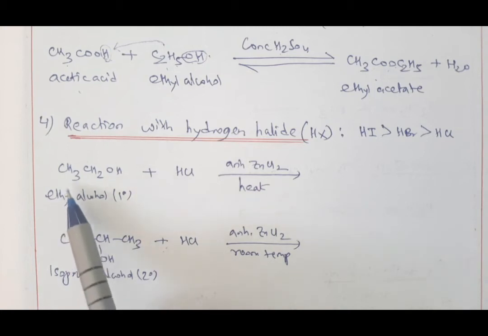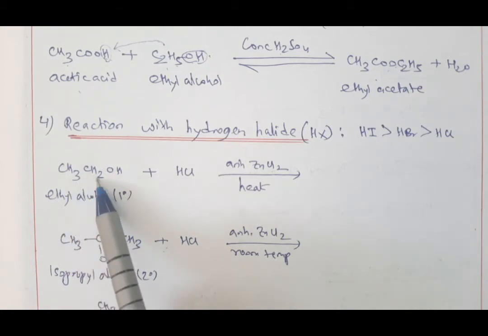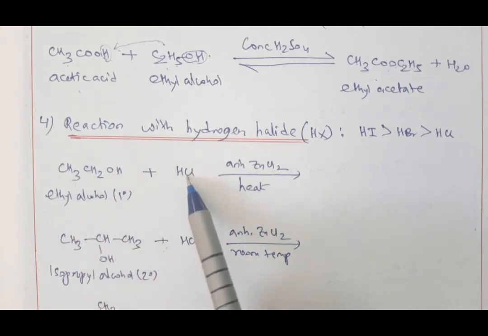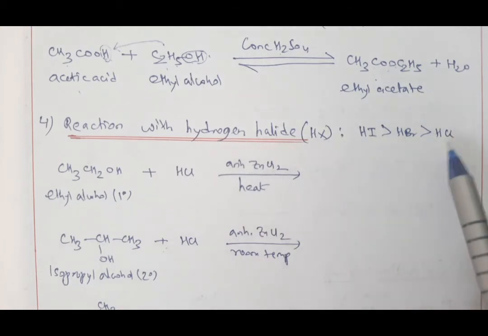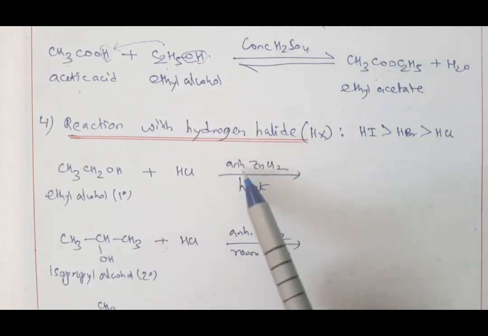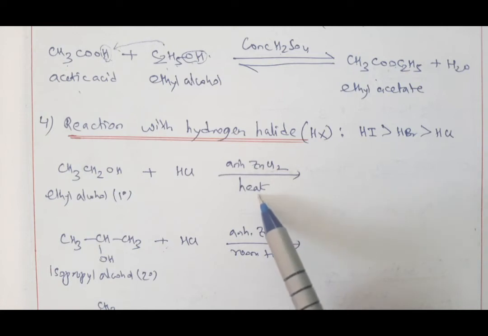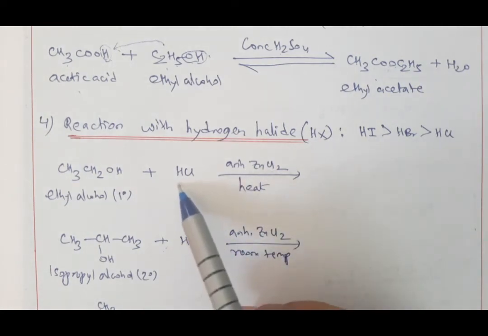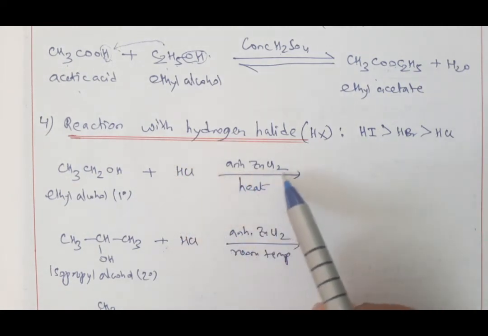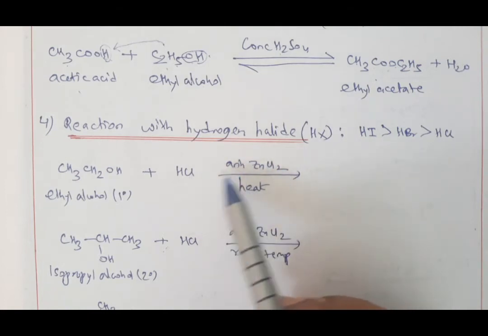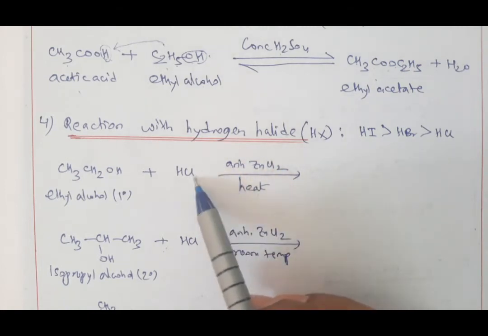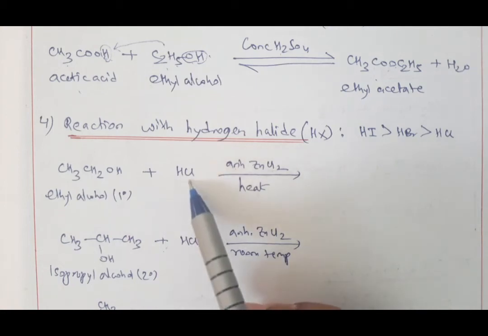Now you can see this is your ethyl alcohol, CH3CH2OH, reacting with hydrogen halide. The one I have taken is HCl, using a catalyst like anhydrous zinc chloride, and we have to heat. This mixture of HCl and anhydrous zinc chloride is known by the name Lucas reagent, and it is used in concentrated form.